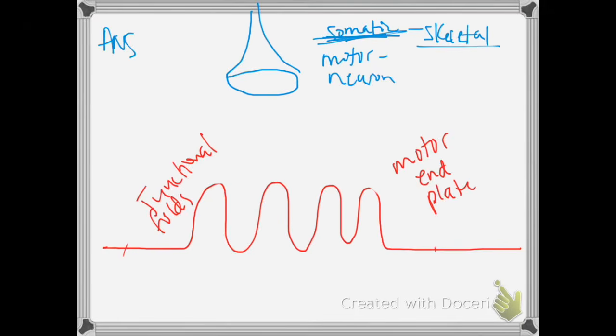What's the point of a junctional fold? If I drew that same exact picture with just a flat sarcolemma, then I could put a receptor here and here and here. But since I have these junctional folds, I've increased my surface area, which allows me to have a lot of receptors. So these junctional folds are going to increase surface area to allow for more receptors.